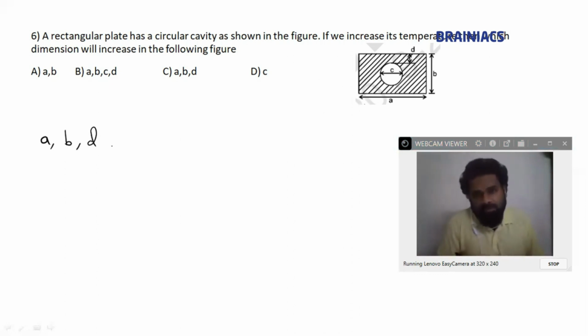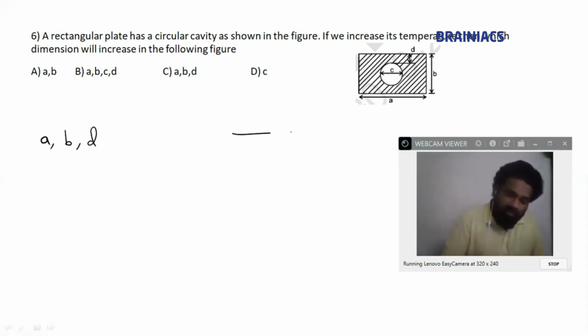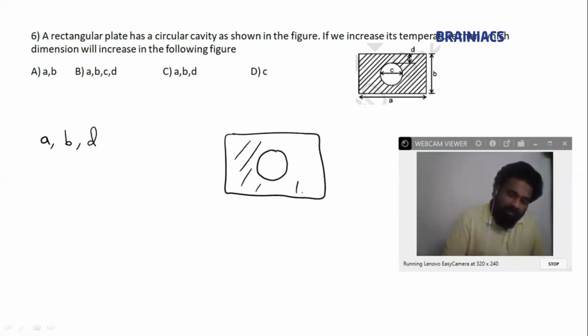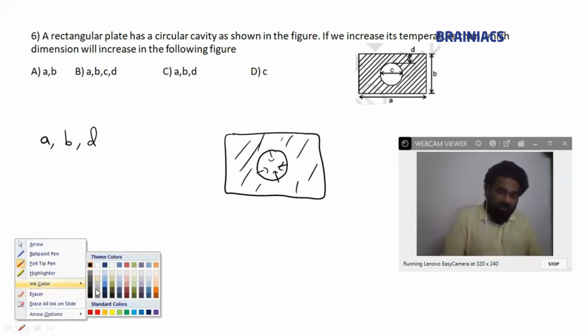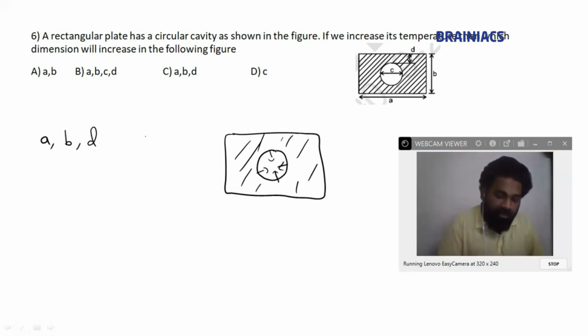The confusion for most students is that if this is a rectangular lamina or any plate, and this is a cavity, normally we may think expansion can happen inwards also. With this thought, some of you may answer A, B, D. This is wrong.